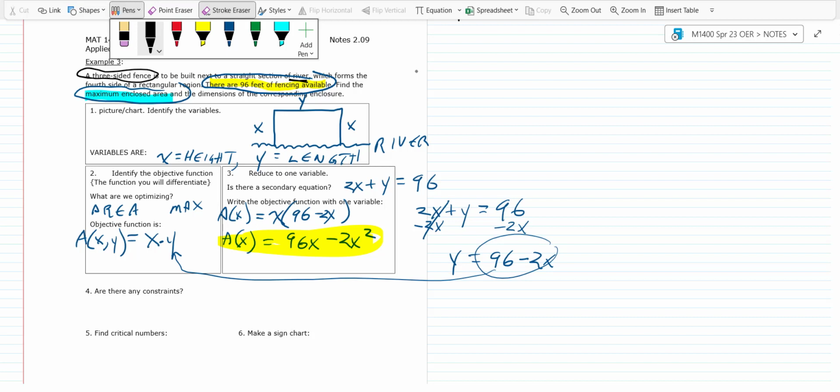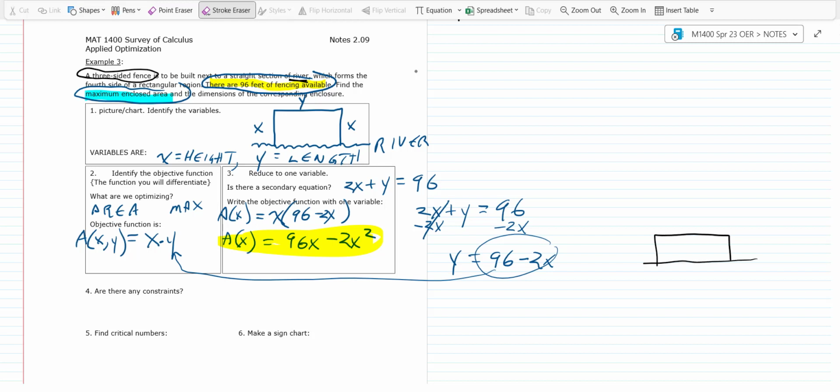From here, what you're going to do is critical points and a sign chart, and then I'll talk about constraints, and then I'm going to have you all finish this problem and see if you can do it before we take a break. So, constraints on this. The biggest that this could be is 96, because you have 96 feet of fence available.